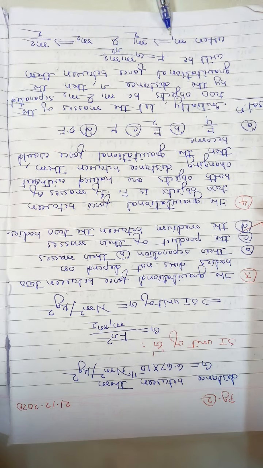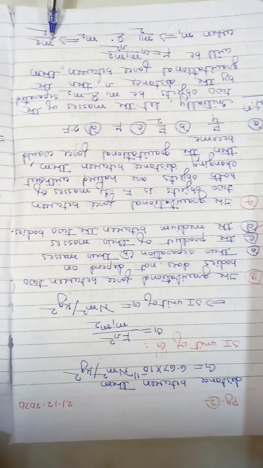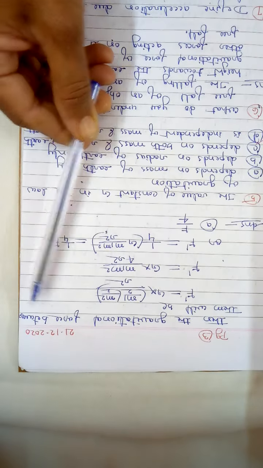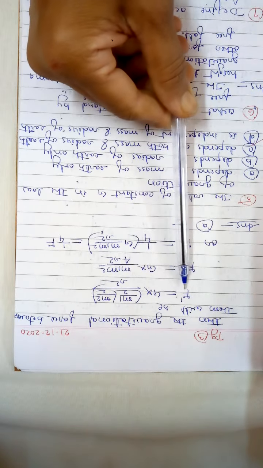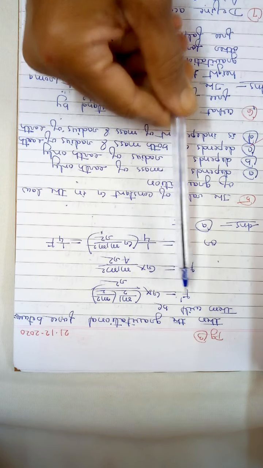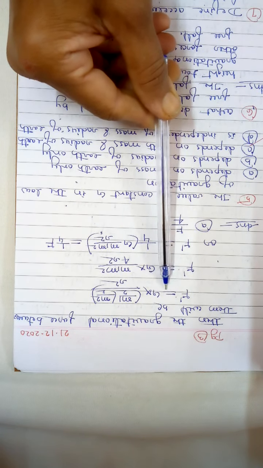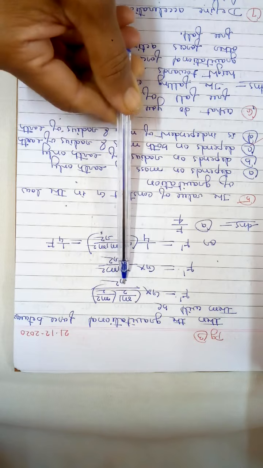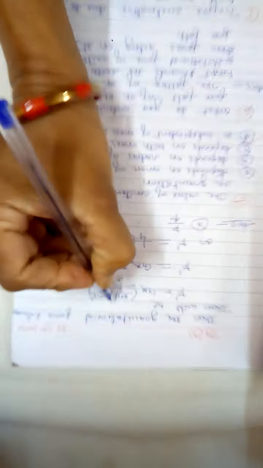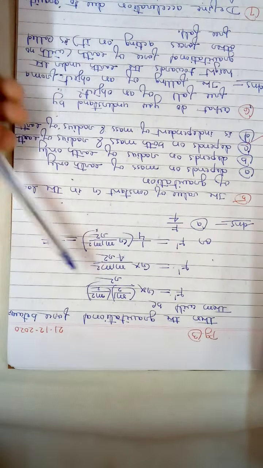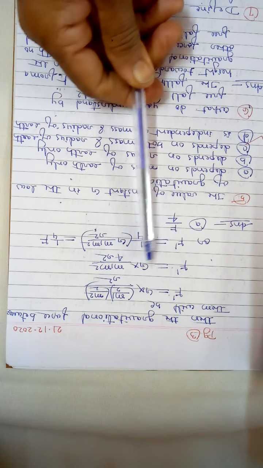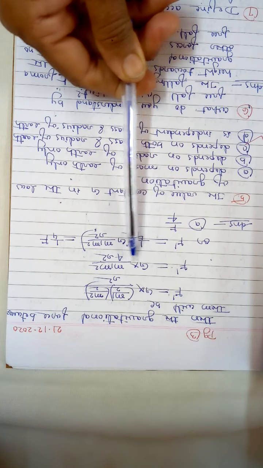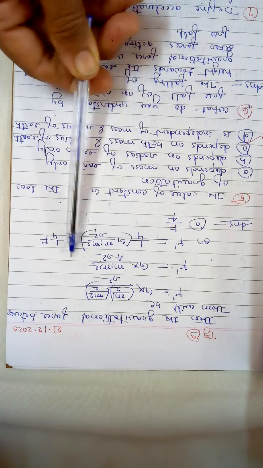Now when m1 becomes m1 upon 2 and m2 becomes m2 upon 2, then the gravitational force between them will be a new force, and if we denote it by f dash, it will be f dash equals G into m1 upon 2 into m2 upon 2 whole upon r square, which gives us f dash equals G m1 m2 upon 4r square.